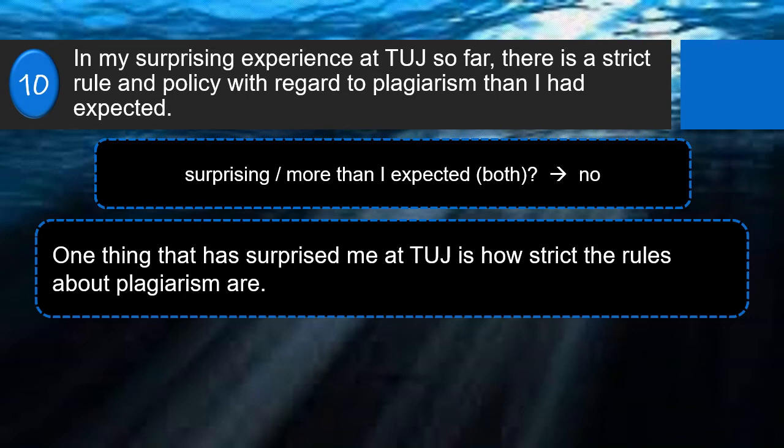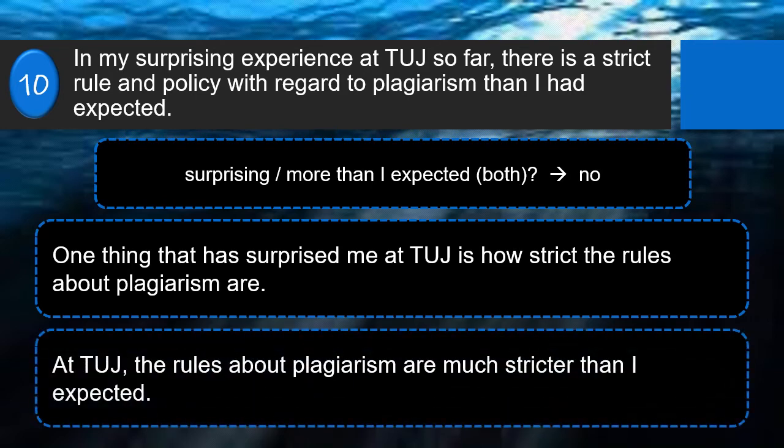That's understood. So if I want to use "than I had expected," which is really good: at TUJ, the rules about plagiarism are much stricter than I expected, than I had expected. Short and simple. Okay? There's one idea. Plagiarism rules are strict. And then I add whatever else I want.